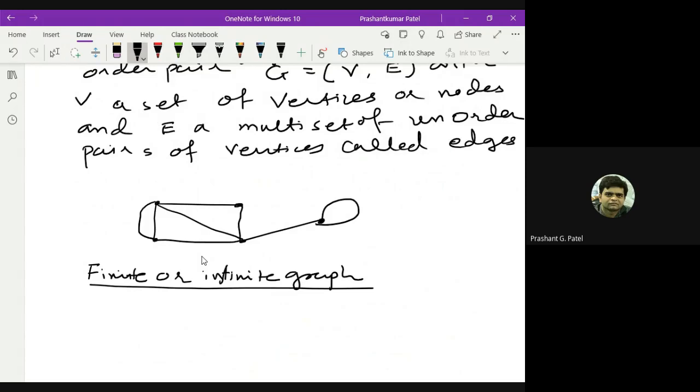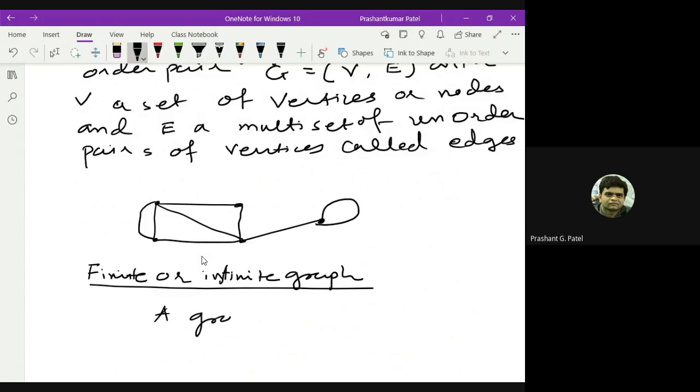A finite graph is a graph in which the number of edges is finite, and the number of vertices is also finite. Number of edges as well as number of vertices are finite. It's called the finite graph.